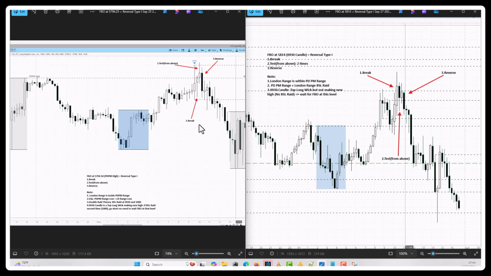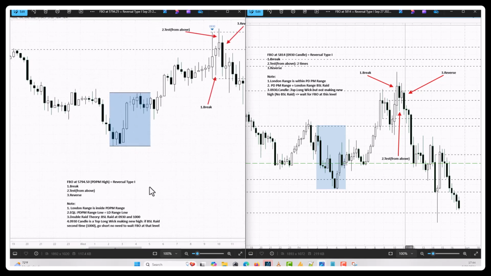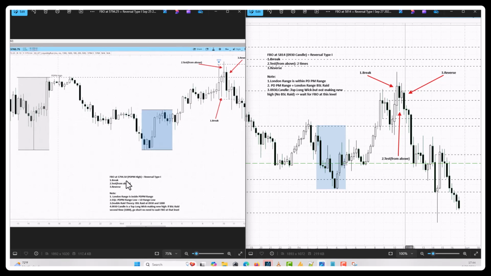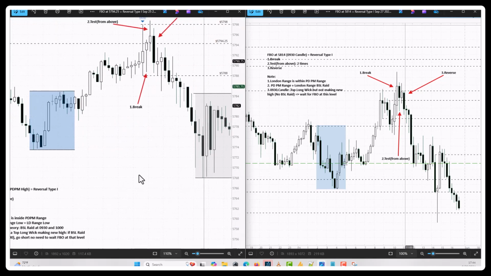Then we just wait for it to raid one more time, the bicycle raid, then we go short. We don't have to wait for the forebreakout at that level. We just look at the low level below that, which is a BM right there. That's the logic.